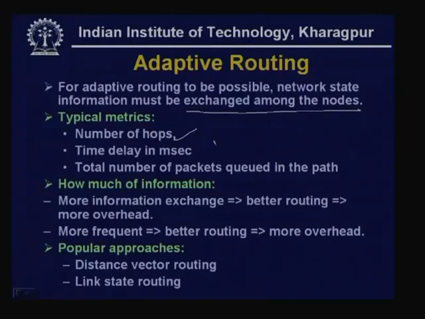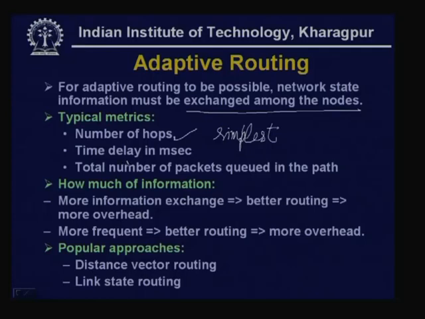So, from a particular source to a destination, the information about the number of hops, that is, the number of nodes to be used for relaying or forwarding the packets, can be used as a metric, and this is possibly the simplest metric that can be used. However, this particular metric is not commonly used.